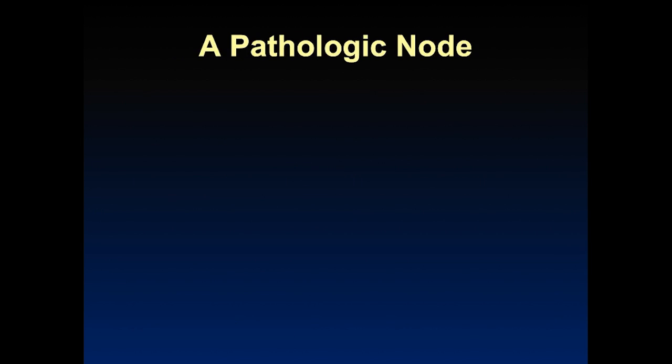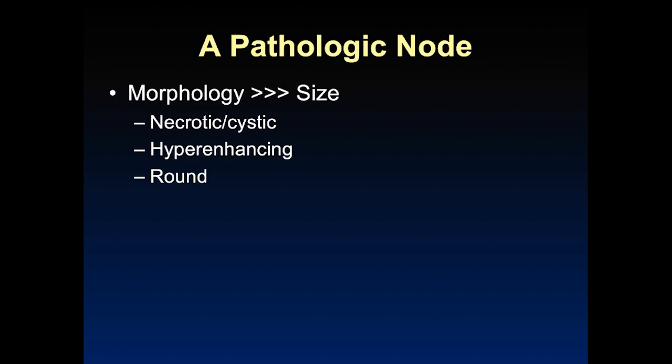So what constitutes a pathologic node? Well, in essence, the morphology of the node trumps size every time. So you can have a very small node, and if it is centrally necrotic or abnormally enhancing, that node can be pathologic, even if it's not quote unquote enlarged, even if it's just a couple millimeters in size.